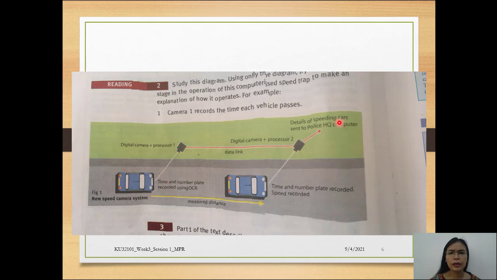It says the data of the speed, the time, and the number plate are recorded, and the measured distance is also recorded, and then all of the details are sent to the police headquarters computer. Okay, and then after that they will process this. So these texts are actually explained in the next slide.